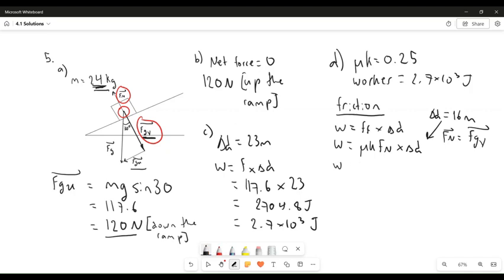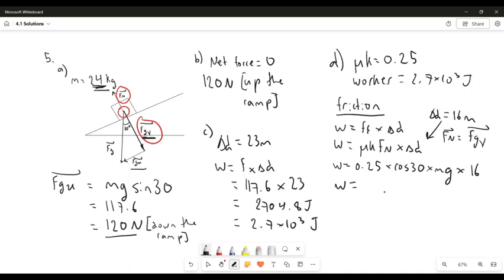So to solve this, because again, this angle is adjacent to Fgy, we're going to have to use cos this time. So 0.25 into cos 30 into mg into our displacement, which is 16.